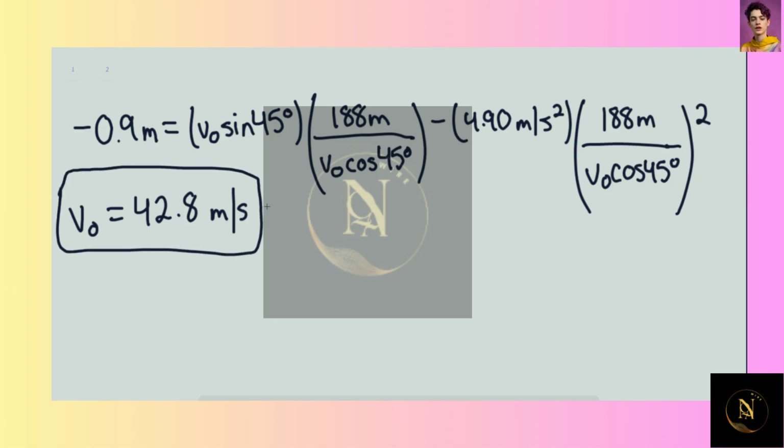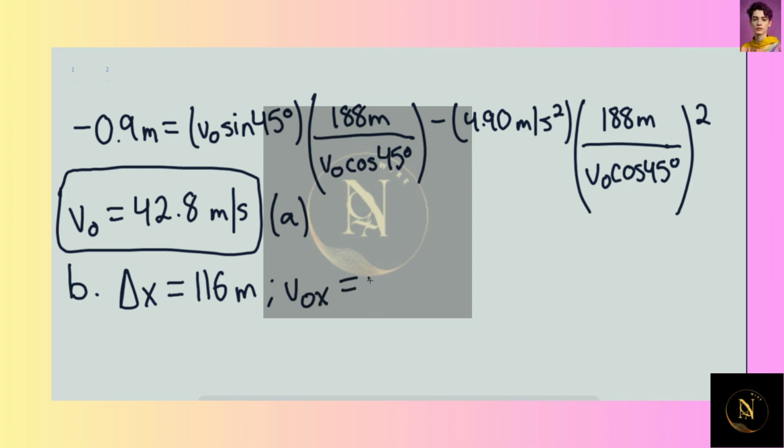Now, for part B, however, we're going to use the horizontal motion to find the time it takes the ball to reach the fence. So delta x is now not 188 meters, but 116 meters. The initial x subscript doesn't really matter.